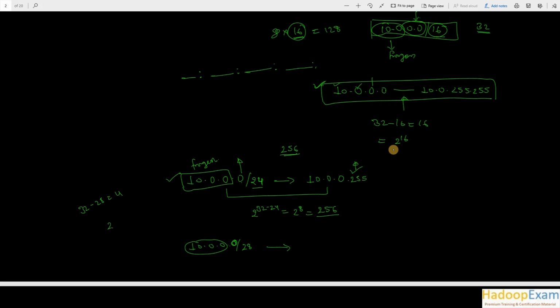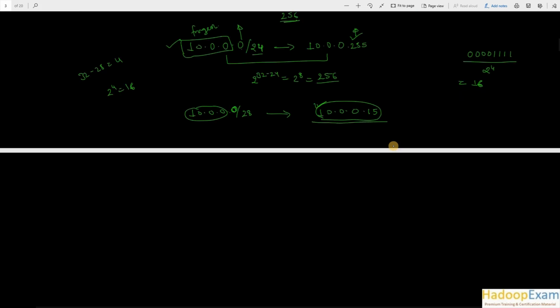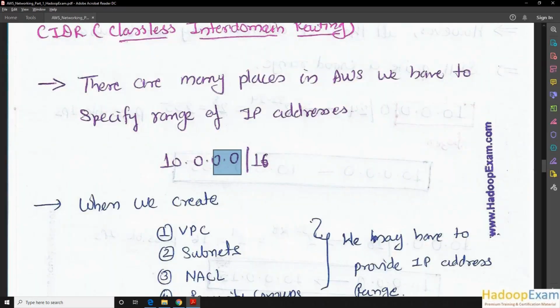So 2 raised to power 4 is 16 distinct IPs possible. So it can go up to 10.0.0.15. Okay, so this way we would be creating ranges.